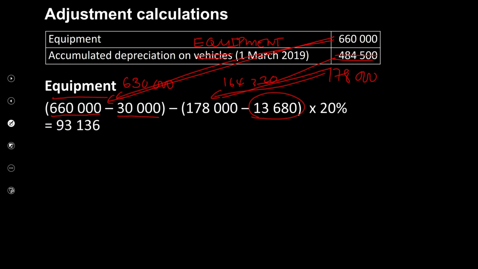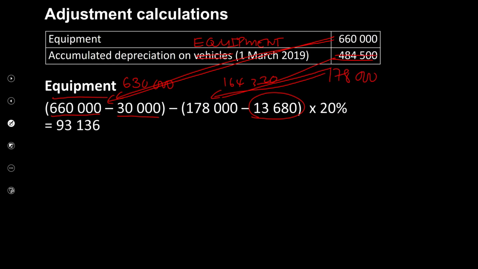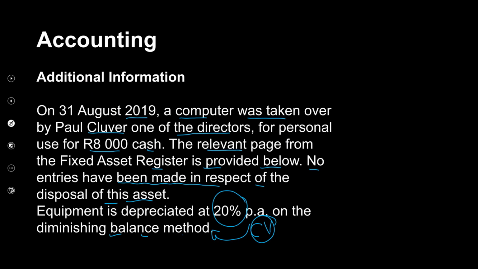164,320. So what do we do now? Now we take our 630,000 minus the 164,320 to give you a figure of 456,680, and then our rate of depreciation, did they tell us, was 20%.